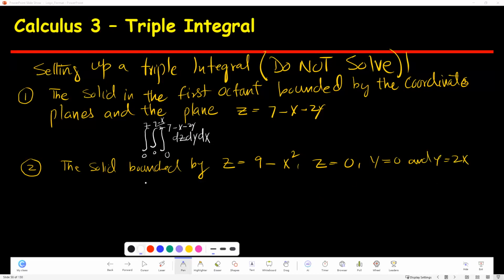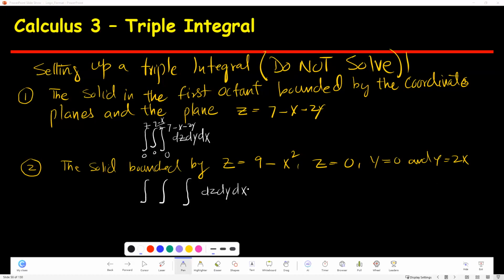Okay. Here I'm going to be making three integrals: dz, then dy, then dx. I don't know who is who and how I'm going to be solving this, but take a careful look.